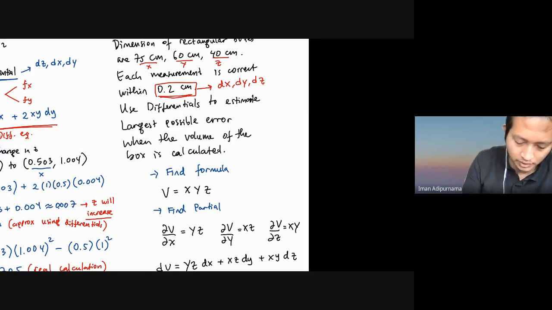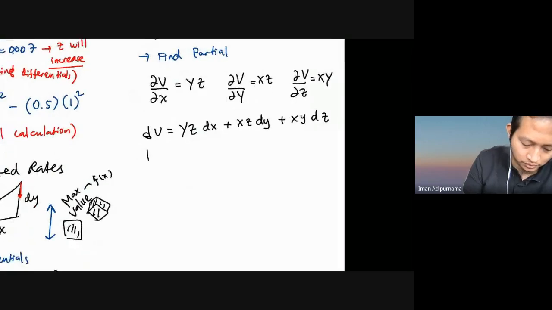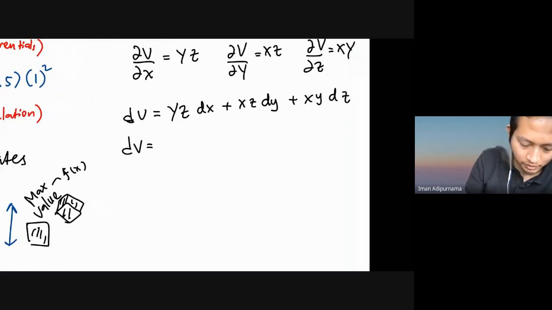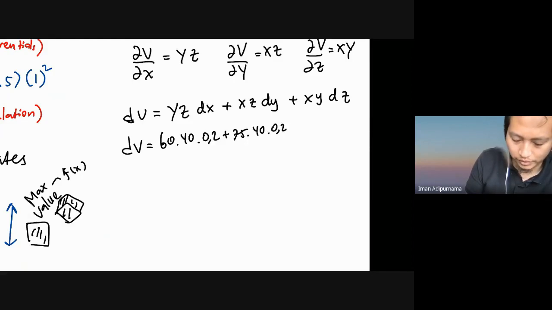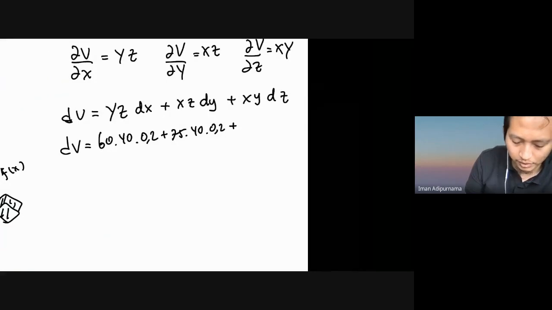So we can choose that to replace our variables. So 60, 40, and then 0.2, 75, 40, 0.2, and plus 75, 60, 0.2.